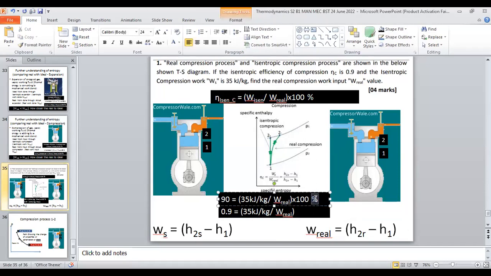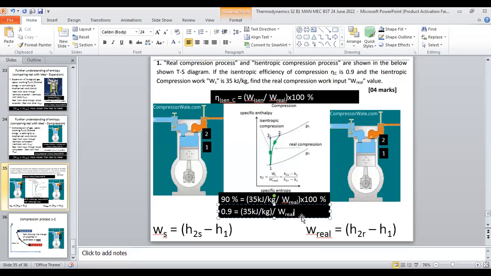Okay, 0.9 is 90%. You can take the W real value from this.